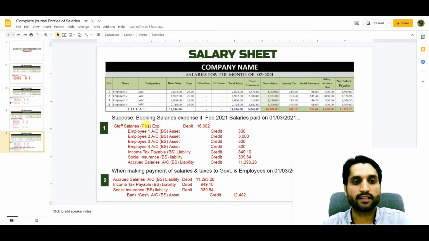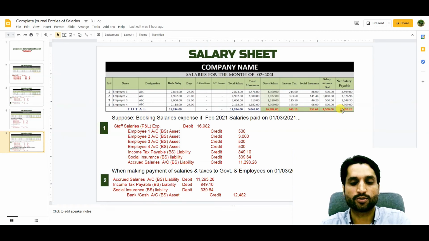So staff salaries expense account debit, employees' loan repayment will be credit, each individual account. Income tax liability will increase, income tax account. Social insurance account, current liability, will increase as a credit, 339.64. Here at the end there is a change: accrued salaries account in the balance sheet as a current liability will be 11,293. This amount is payable in March and the company will pay it to the employees in March.